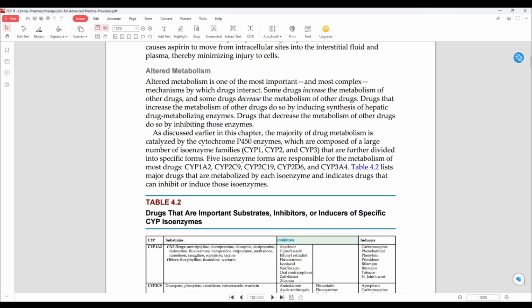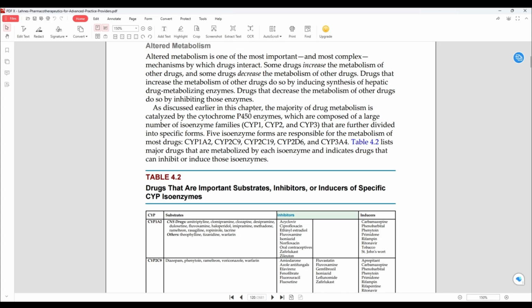So, as discussed earlier, the majority of drug metabolism is catalyzed by the cytochrome P450 enzymes, or P450, which are composed of a large number of isoenzyme families, again, that's CYP1 through 3, that are further divided into specific forms. Five isoenzyme forms are responsible for the metabolism of most drugs.